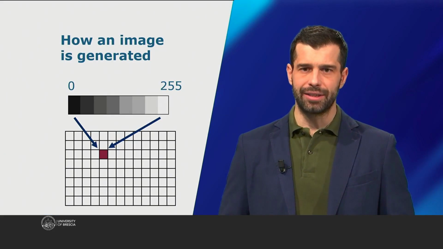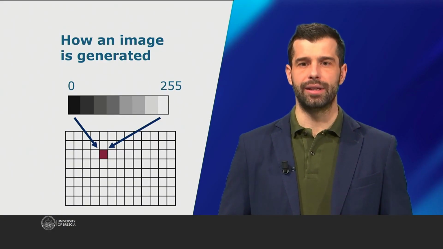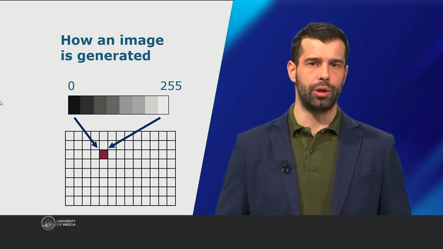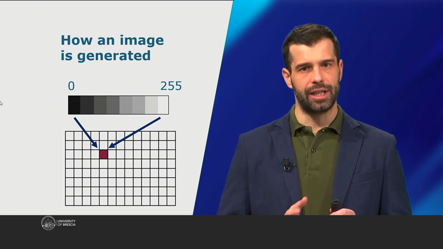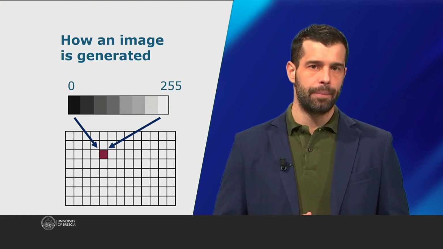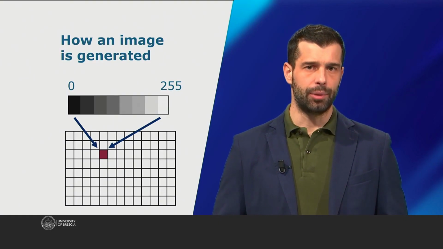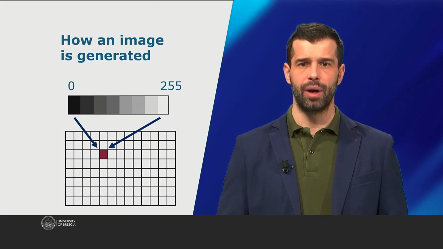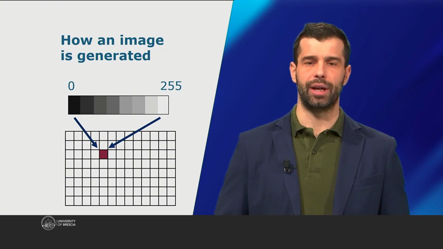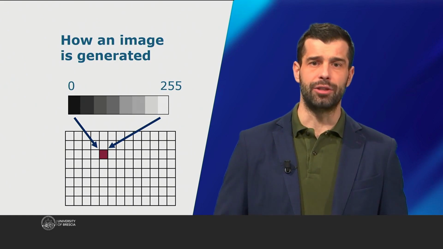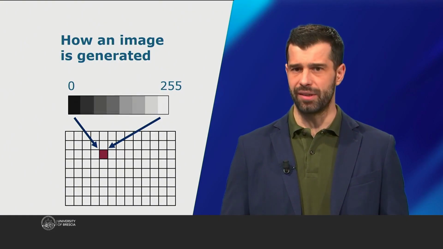So how do we connect this digital number created to the brightness of the pixels within the image? For now, let's consider only black and white images, or more precisely, grayscale images, as they're called in the field. Quite simply, the number created will be proportional to the brightness of the pixel in the image, so a higher number will correspond to a brighter, lighter pixel. A lower number will correspond to a less bright, and therefore darker, pixel.